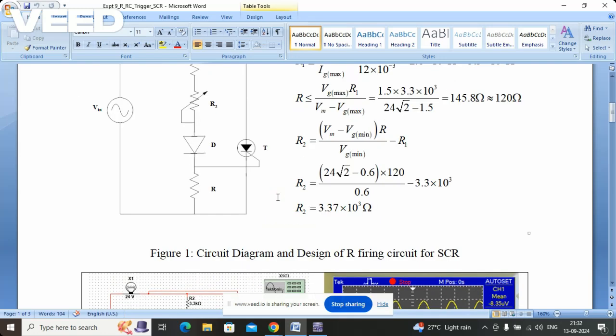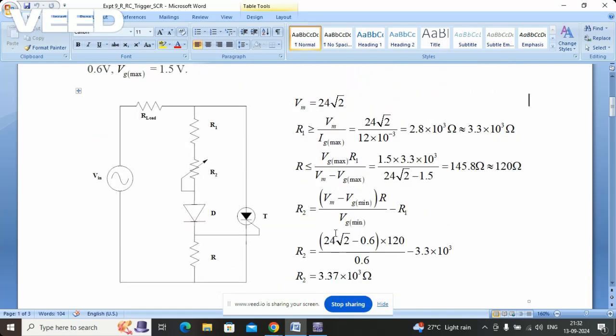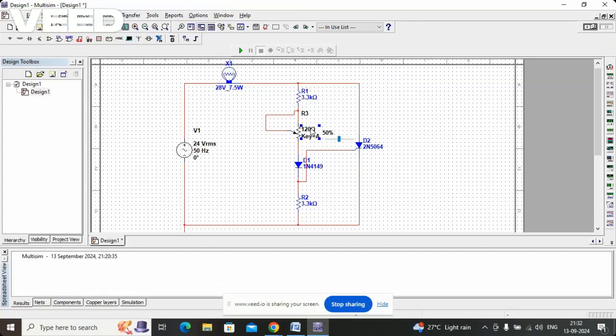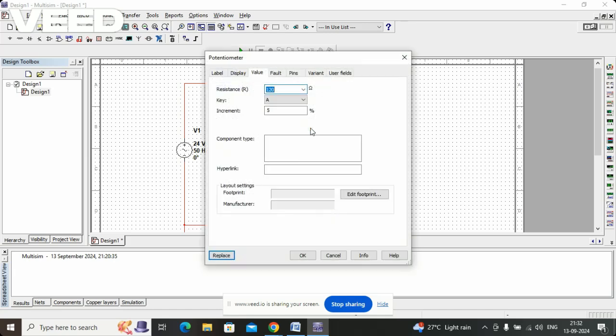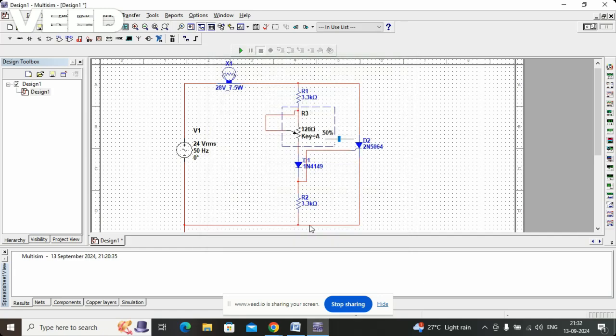Or just a minute. 3.3K is R1, and R2 will be 4.7K, and here R will be 120 ohm.